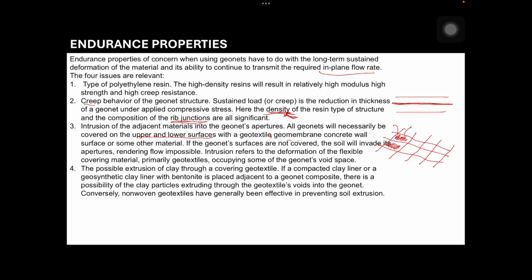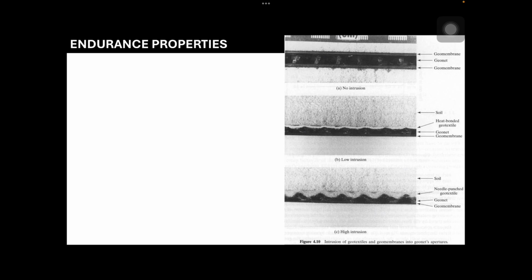Conversely, non-woven geotextiles have generally been effective in preventing soil extrusion. So the soil can poke out and cover the apertures of our geonet. These are the intrusions that could happen to our geonet.